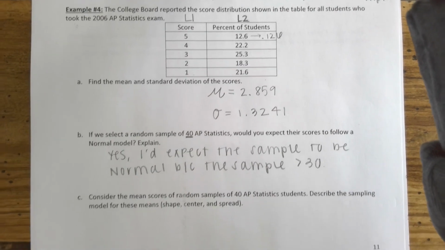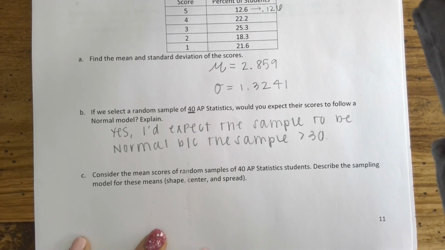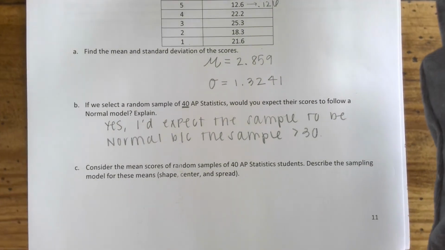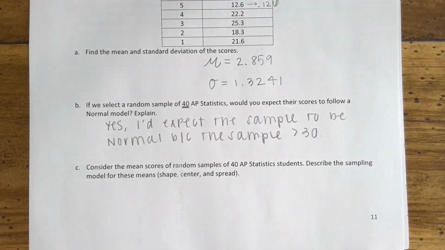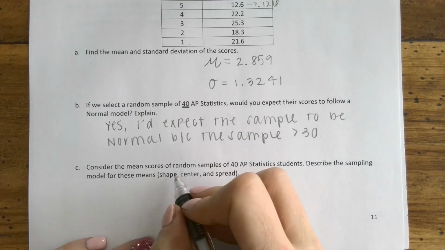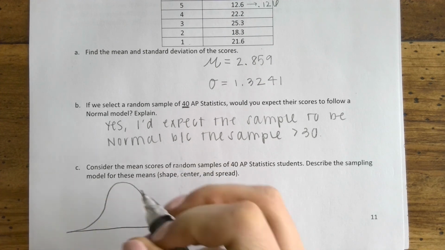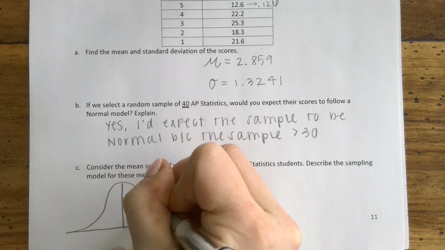Part C says consider the mean scores of random samples of 40 AP statistics students. Describe the sampling model for these means. So they want the shape, center, and spread. Shape we already have, we know it's going to be normal. So the only two things we need to find are the mean and the standard deviation.